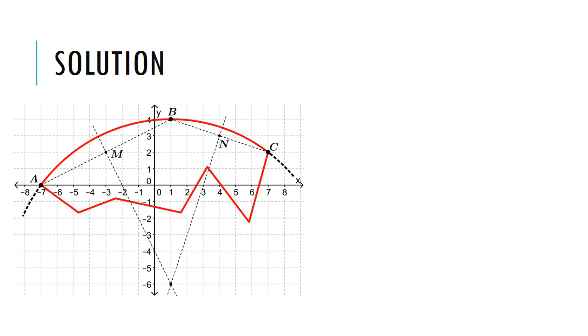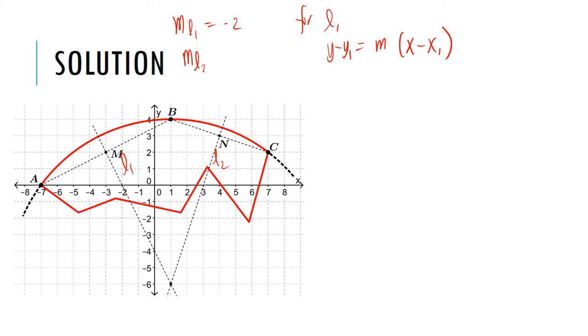Okay, let's now proceed to finding the equations of the line. So again, this is L1 and this is L2. For L1, we use again the point slope form. The slope of L1 is negative 2 and the slope of L2 is positive 3.